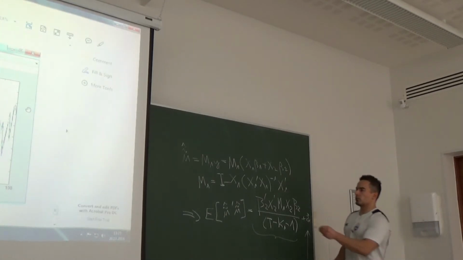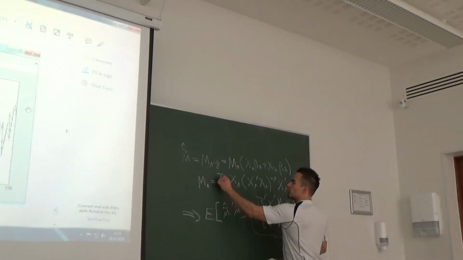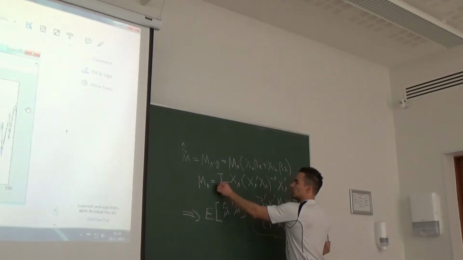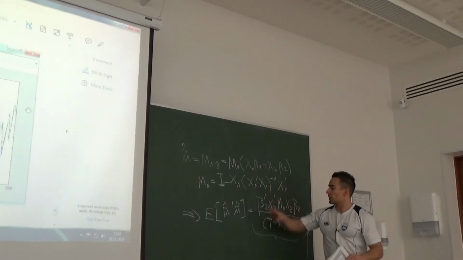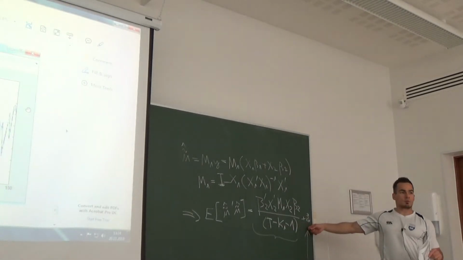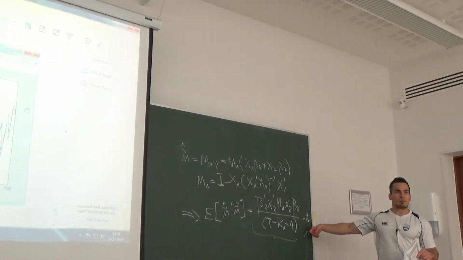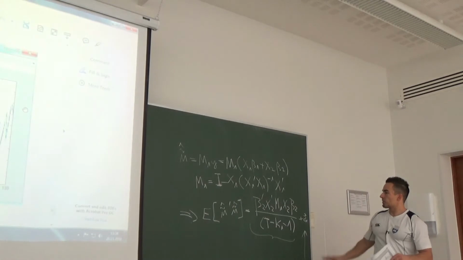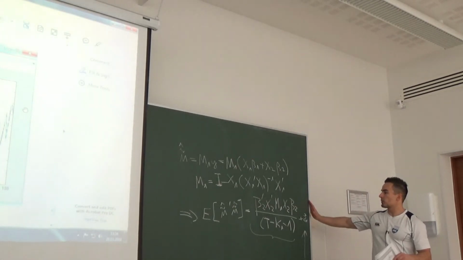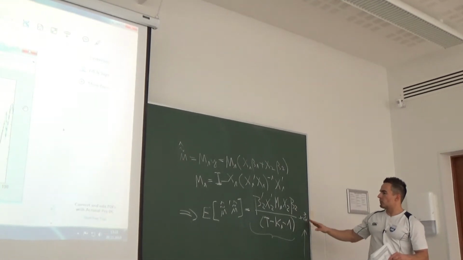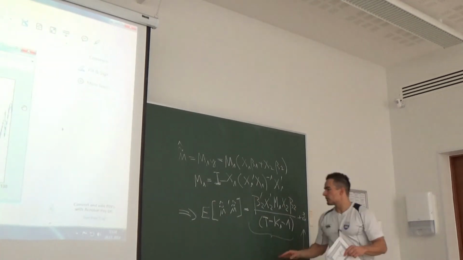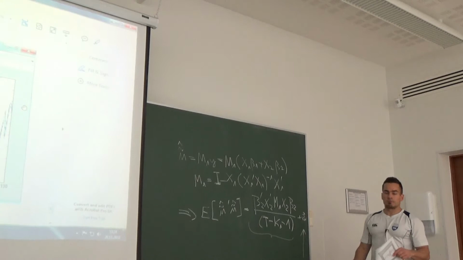So your homework is to think about, to derive this using matrix algebra. How do we come from this equation here? I will give you the solution probably on Sunday. But think about that. So what we get is the expected residual variance is overestimated.